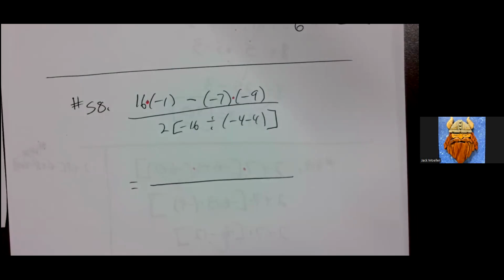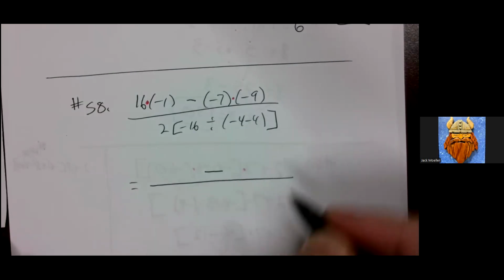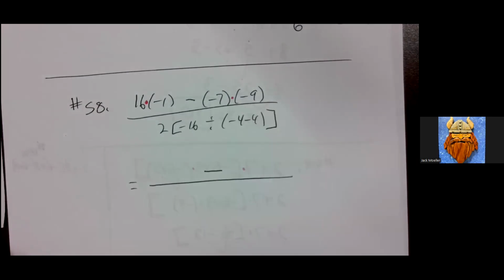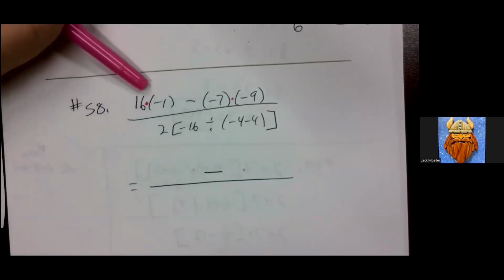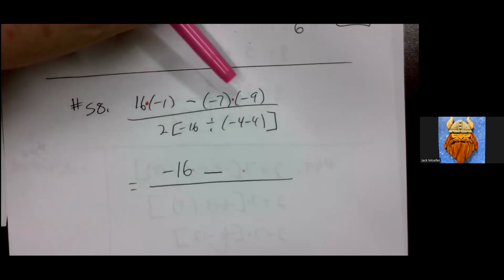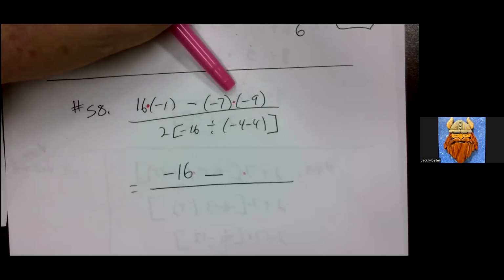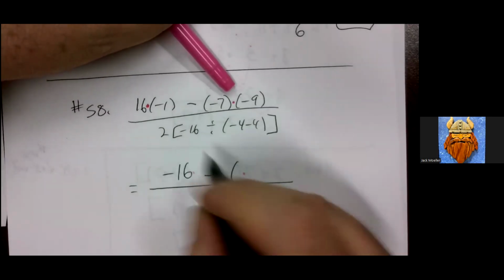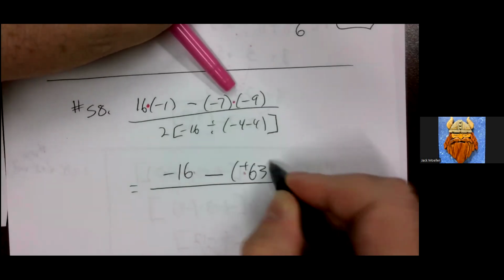So what comes first? Multiplies are higher order than subtraction. So we need to do 16 times -1, and then we're going to subtract -7 times -9. So 16 times -1, that is -16. -7 times -9, well, negative times negative is a positive, and that's 63, so that would be minus a positive 63.